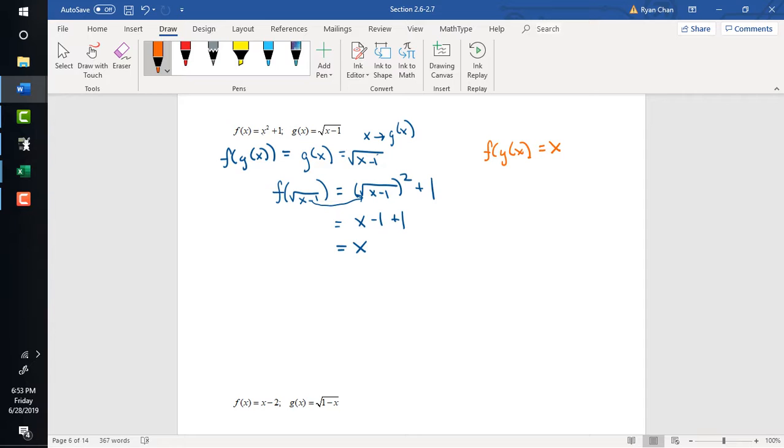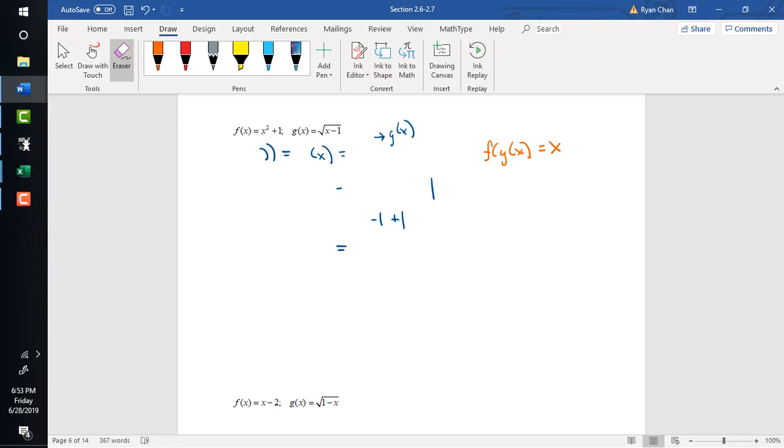Okay. So let's take a look at this right here. So f of g of x is equal to x.